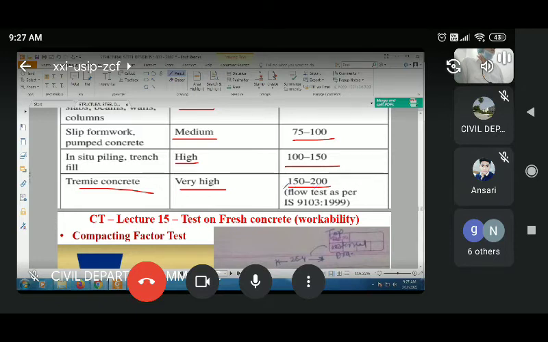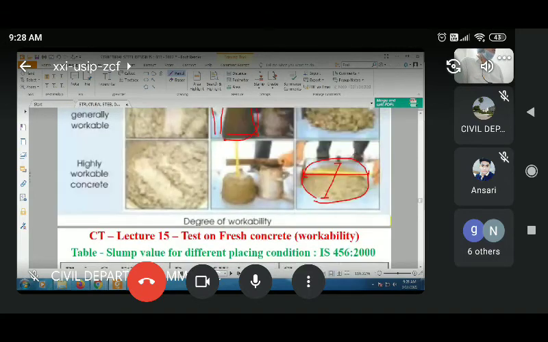In that case the slump is not measurable, so we go for the flow test as per IS 9103, and the flow of the concrete is measured as shown here. We take the dimension on one side and the other side, and the average of these two gives the flow of the concrete. So if a very lean mix or a trimmy concrete is there, then we go for this type of test.